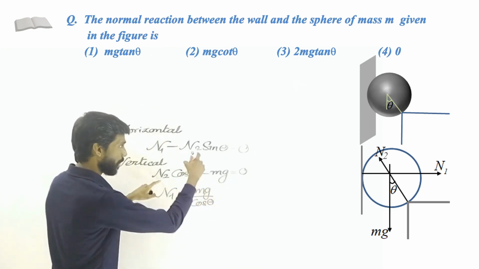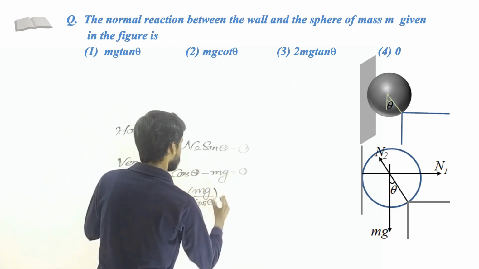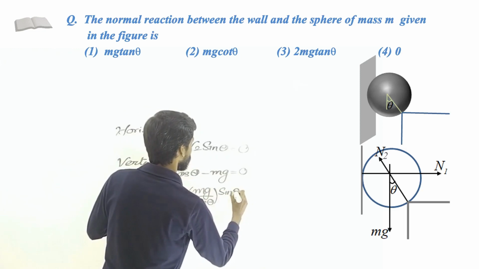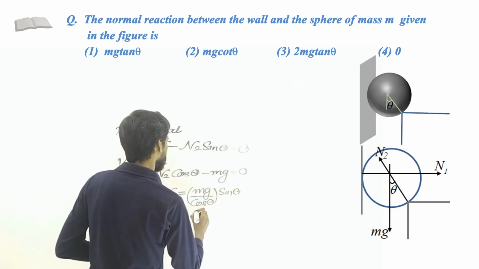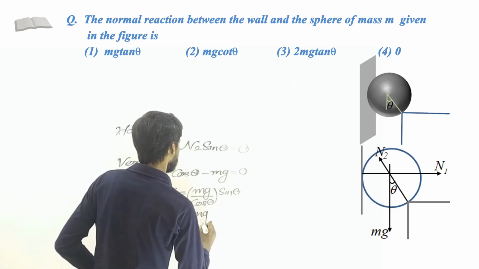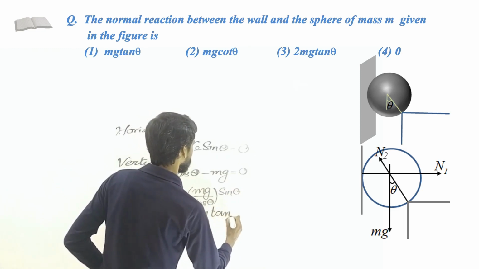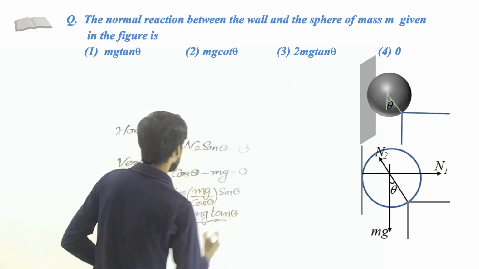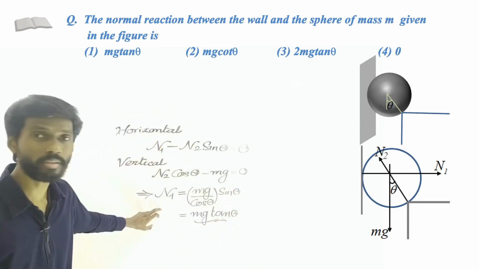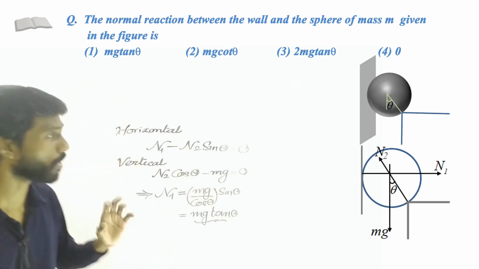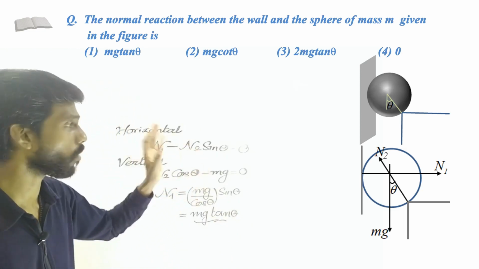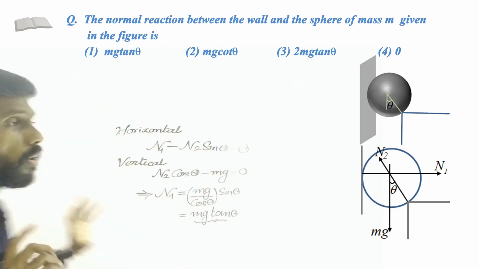So N1 is mg divided by cos theta multiplied by sin theta, which gives mg tan theta. That is our required N1, the normal reaction force between the sphere and the wall, mg tan theta.